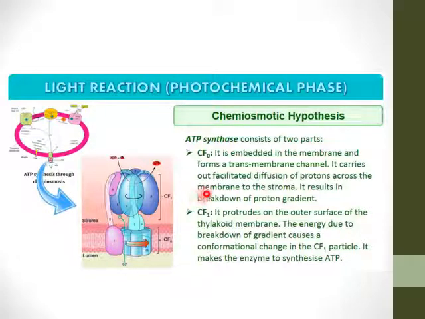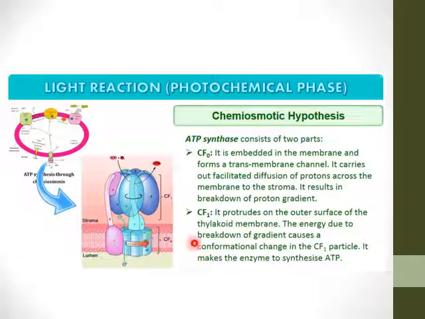It is embedded in the membrane and forms the transmembrane channel. It carries out the facilitated diffusion of protons across the membrane to the stroma. It results in the breakdown of the proton gradient. And F1 protrudes on the outer surface of the thylakoid membrane. So they protrude out from the outer surface of the thylakoid membrane.